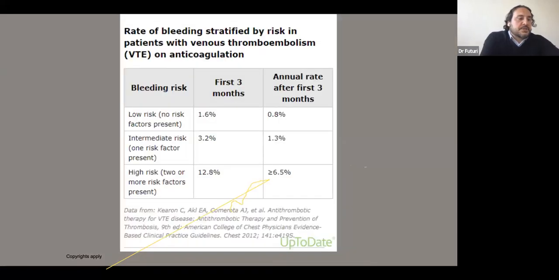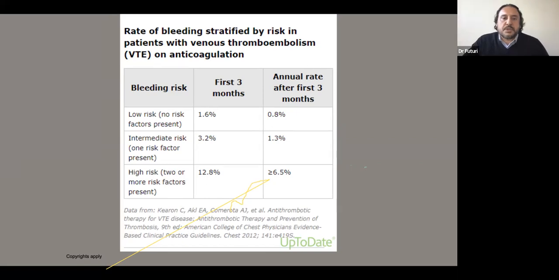Here again is a chart that just looks at the rate of bleeding stratified by risk in patients with VTE on anticoagulation, again, in the first 3 months, and then annually if they're low, intermediate, or high. So you can see it.